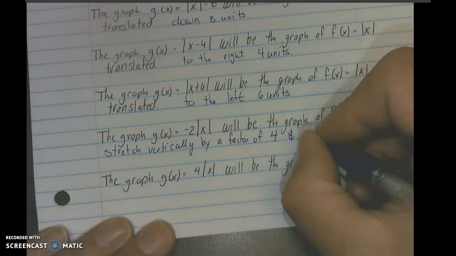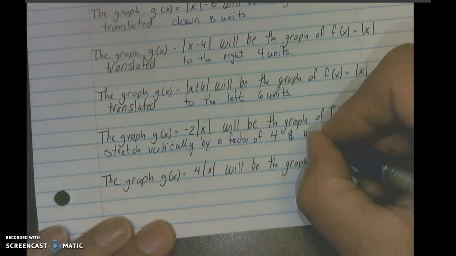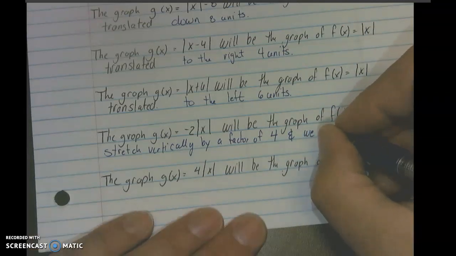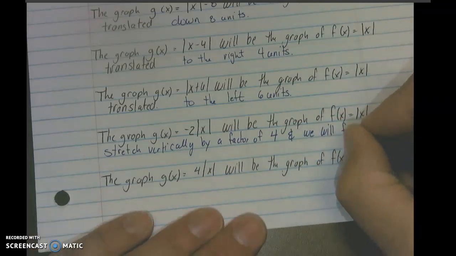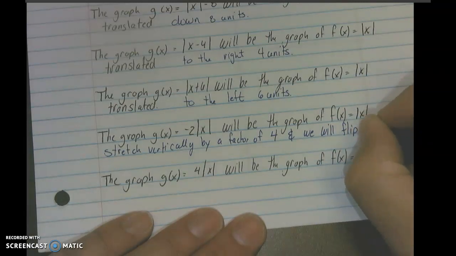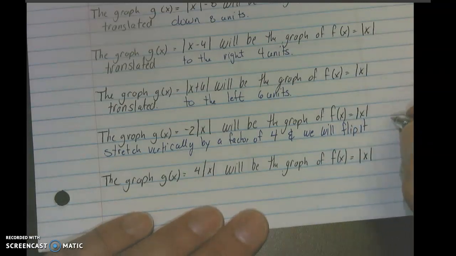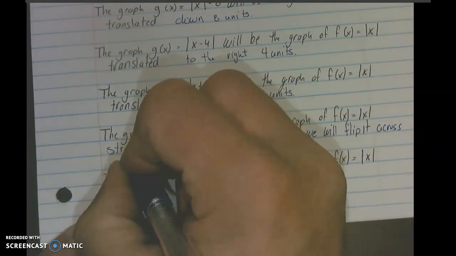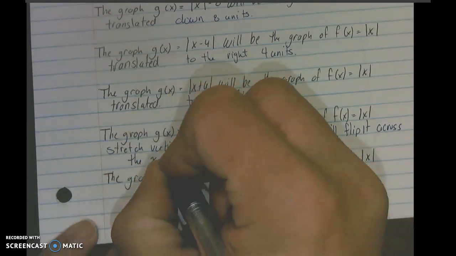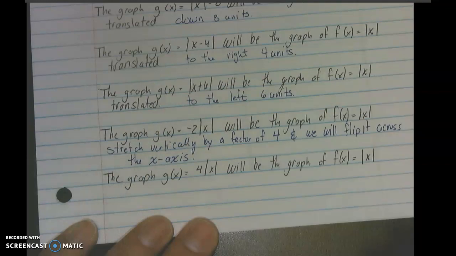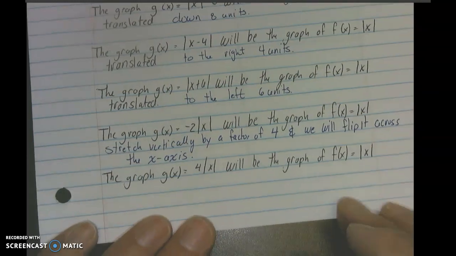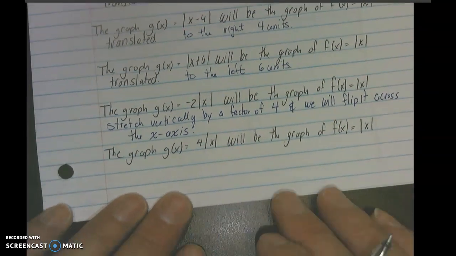And I guess I'll just finish it. We will flip it. It's outside, so where we flip it across, reflect it, not flip it, reflect it. I apologize. You gotta use your terminology. All right.